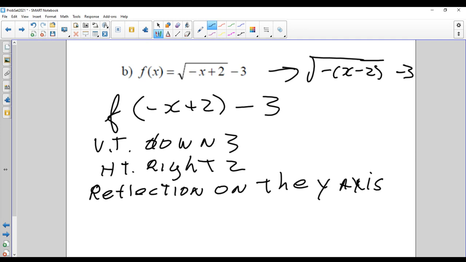Now, before I go any further, let's talk about what each of these things affects. This VT is going to affect either the X or the Y. I need to know which one. Let me go back there. Charmine, what do you say? It affects the Y. I put that in red in a bracket. The HT right by 2.